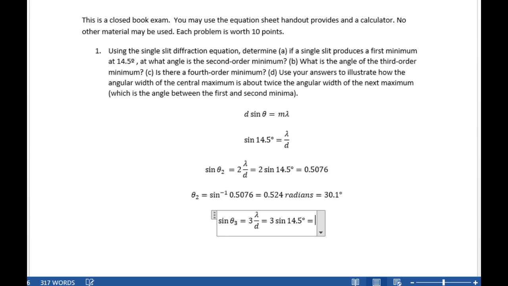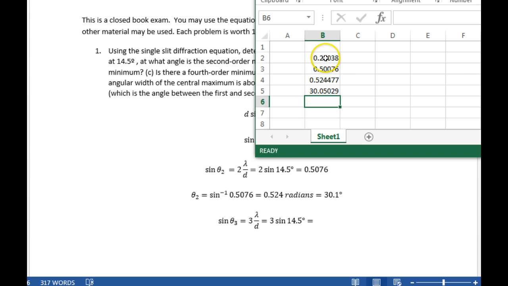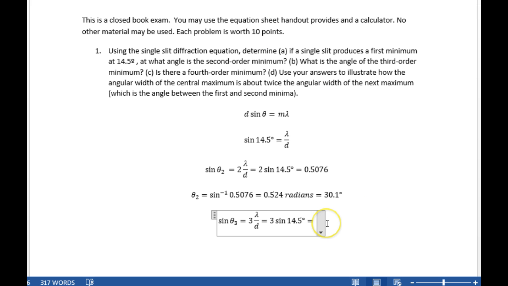If you remember, we have the sine of 14.5 degrees, so 3 times that is 0.7511, we'll just take it to 4 digits.